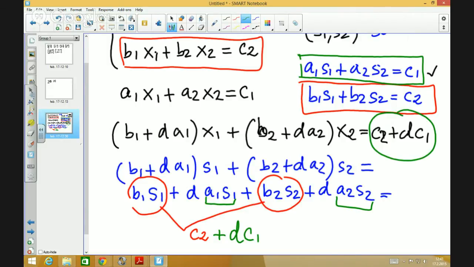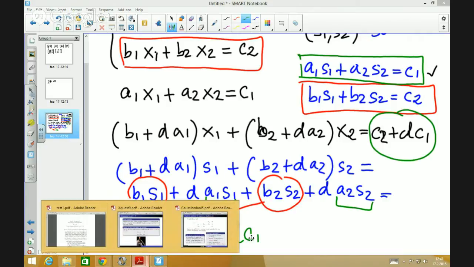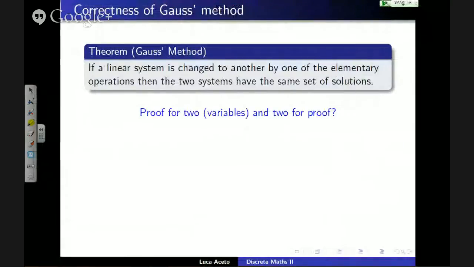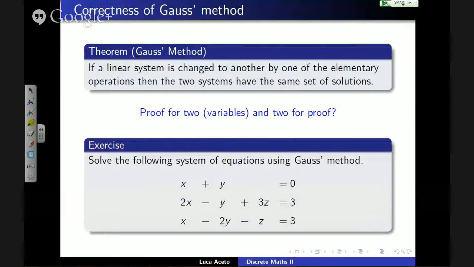So we are doing everything legally here. Our goal was to massage equations without changing their solution sets. That's why these three operations are there. And in fact, that's a little theorem that justifies the correctness of Gauss's method, and we've already done really the proof of correctness.